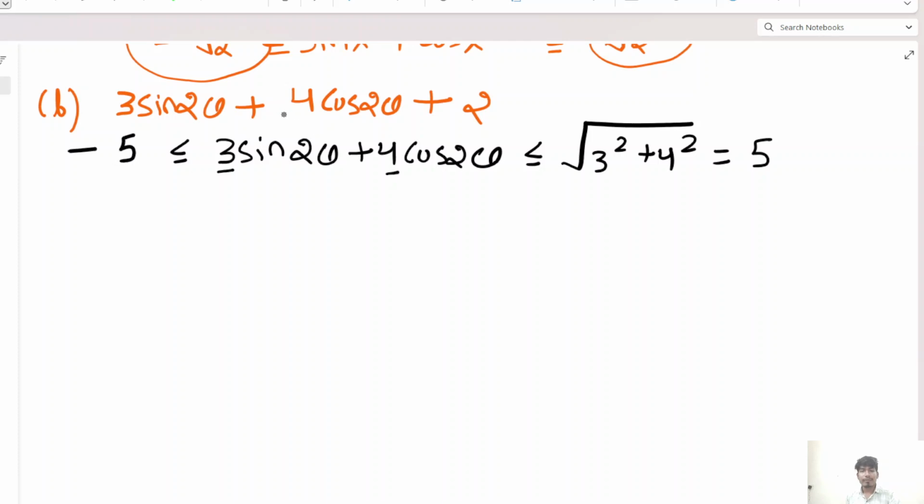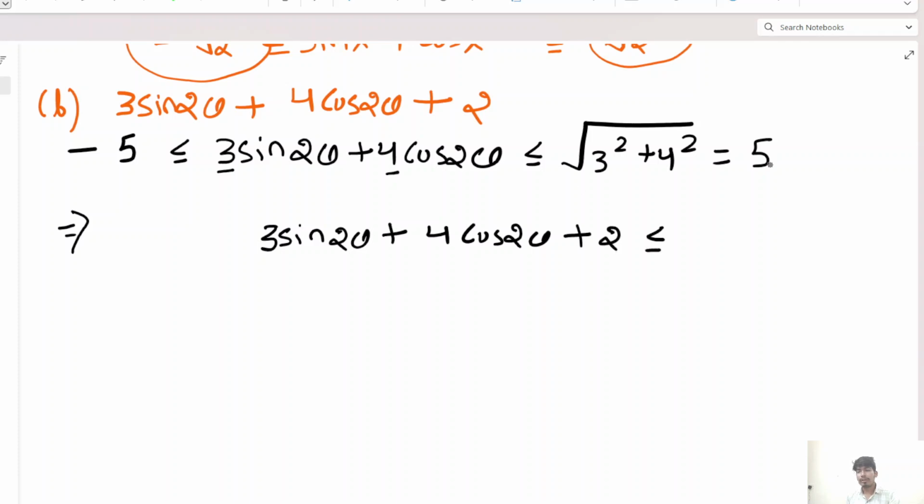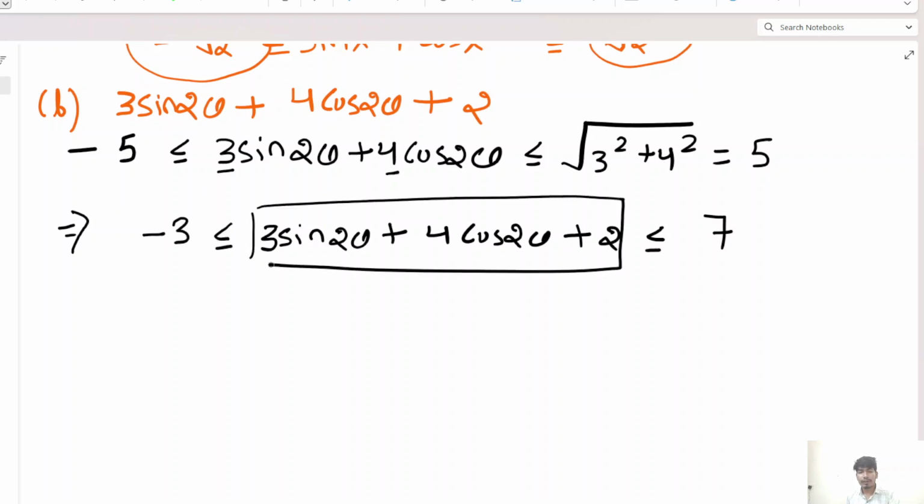Then 3 sin 2 theta plus 4 cos 2 theta plus 2, because here is plus 2: 5 plus 2 is 7, and minus 5 plus 2 is minus 3. So the minimum value of this function is minus 3 and the maximum value is 7.